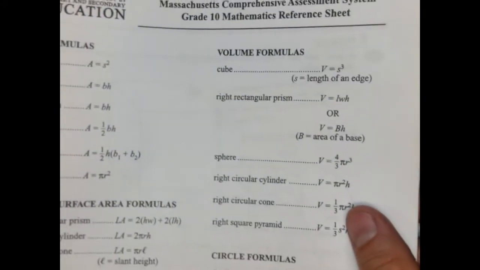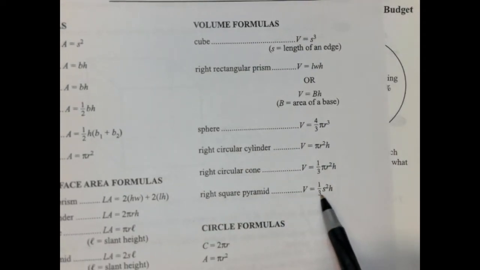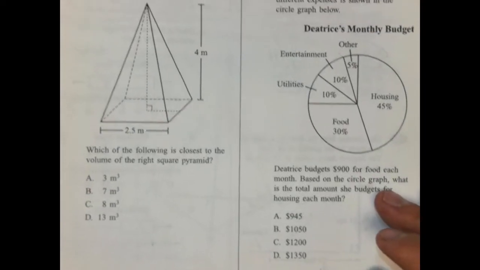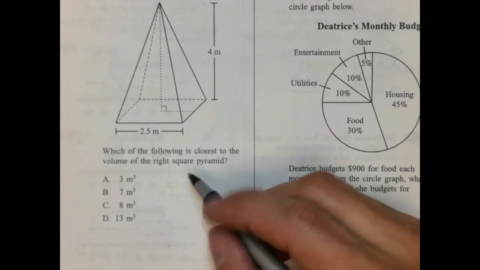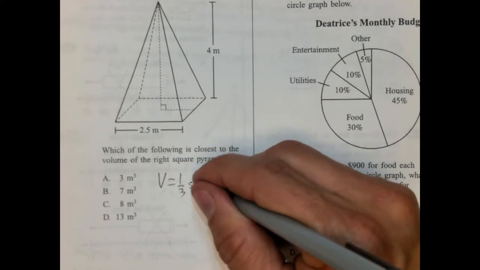If you look under volume here, the volume of a right square pyramid is right here: 1/3 s squared times h. You should always have that formula sheet handy. Get used to it. The digital version, though, is just a button you press on the screen. So V equals 1/3 s squared times h.